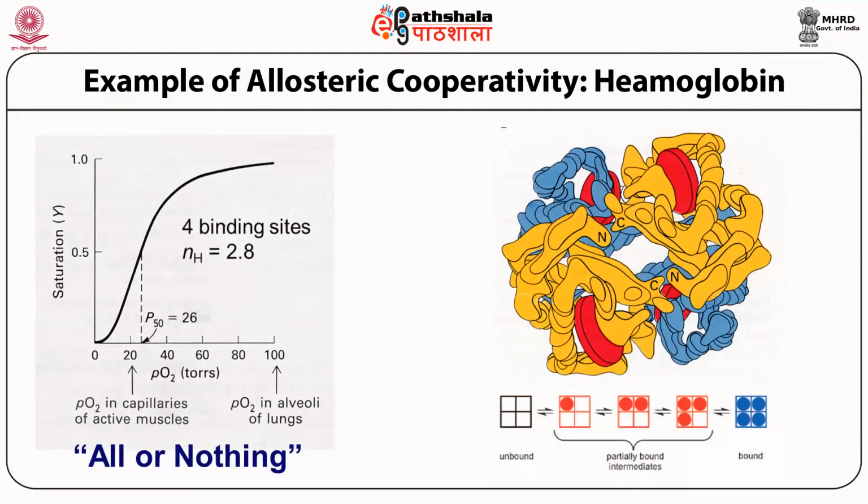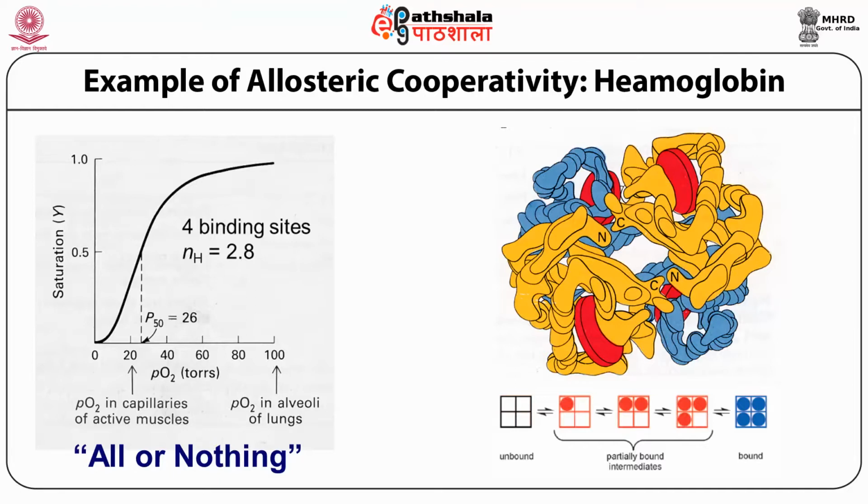If we look at the system where oxygen binds to hemoglobin, what you see is hemoglobin's quaternary structure, with 4 subunits, and each subunit can bind one oxygen. When it binds one oxygen, there is positive cooperativity, and all 4 binding sites of the hemoglobin get populated by oxygen.